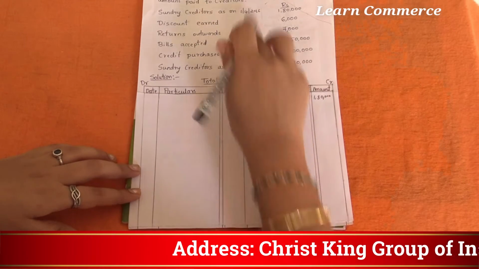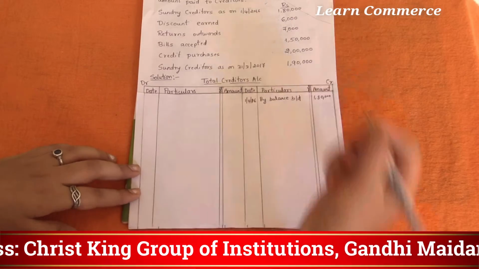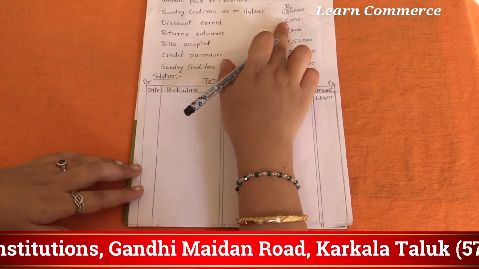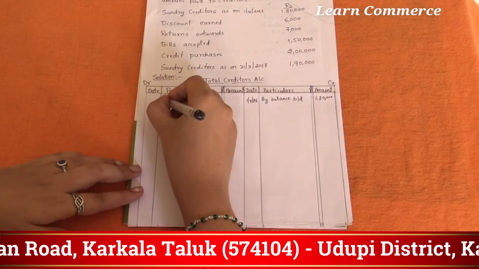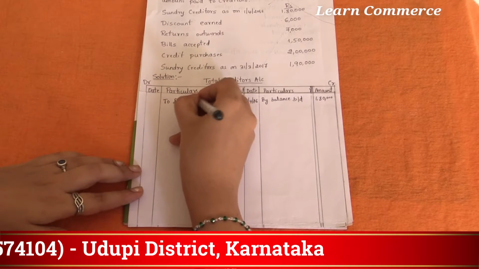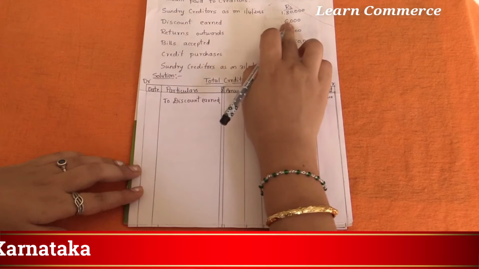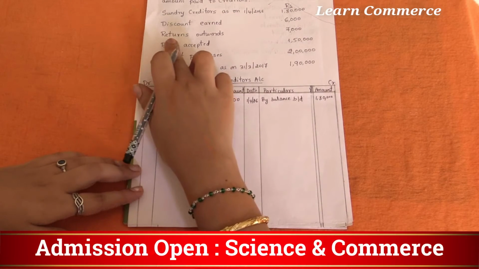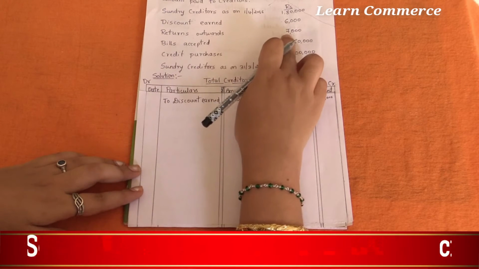The date is here 1/4/2016. Next one, discount earned 6,000. This one we should record debit side, that is to discount earned. Amount is 6,000. Next one, return outwards 7,000.